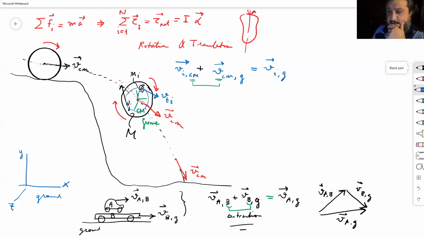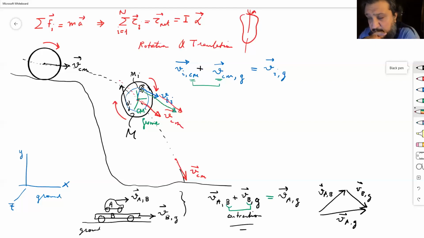I don't want to clutter this graph too much, but let me just do it anyway. You carry this VCM parallel here, like this. And then you add these two, which will give you, let me use the rainbow pen, something like this. This will be the velocity vector right there for MI.